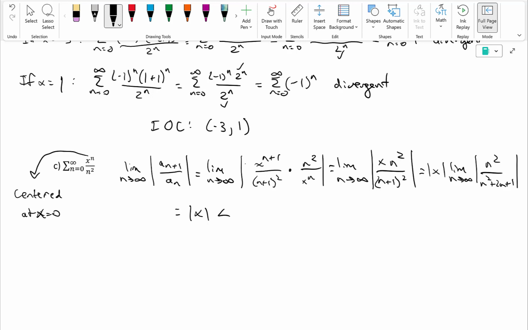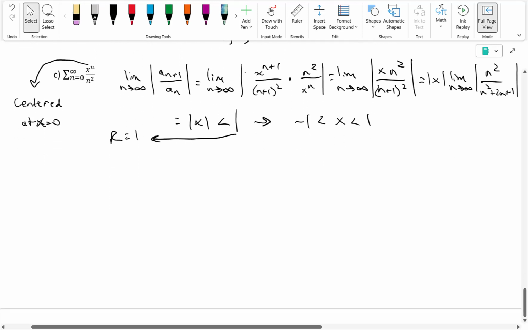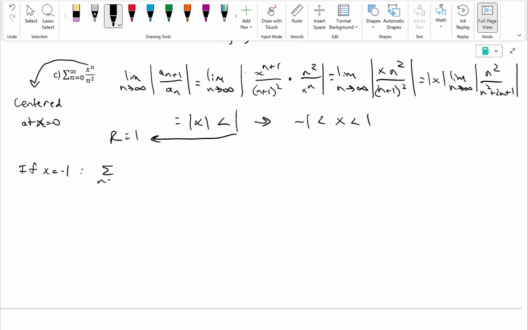So convergent again by ratio test if this thing is less than 1. And so expanding that absolute value, we'd find -1 less than x less than 1. So our radius of convergence, again right here, R equals 1. And we want to check our endpoints, -1 and 1. So if x equals -1, we end up with the summation n equals 0 to infinity of (-1)^n over n squared.